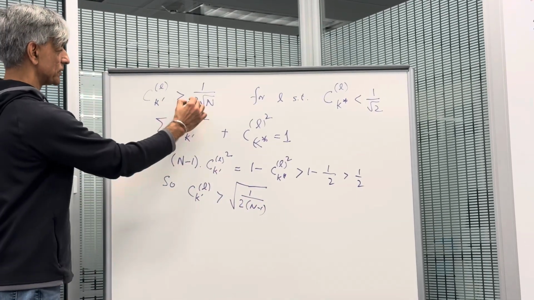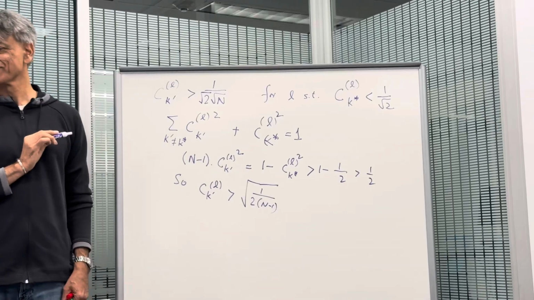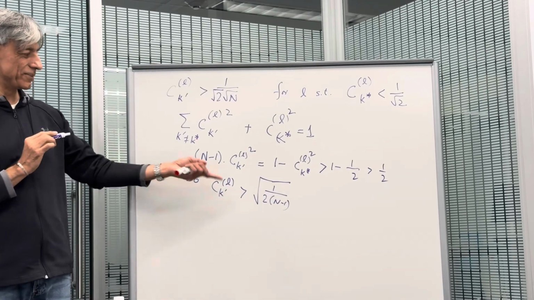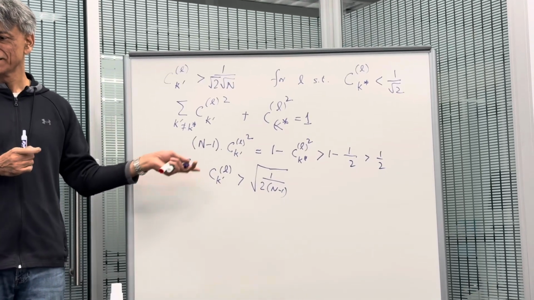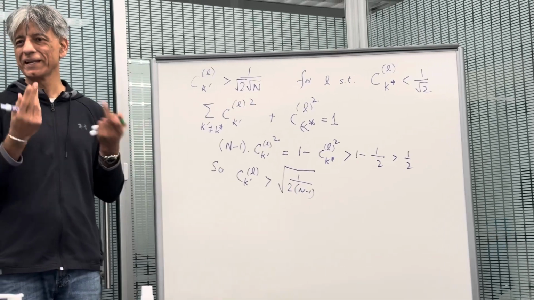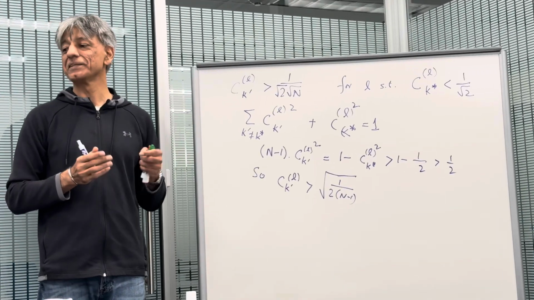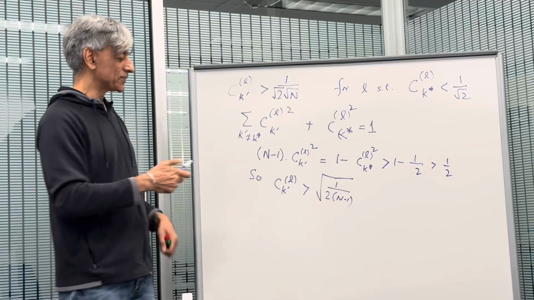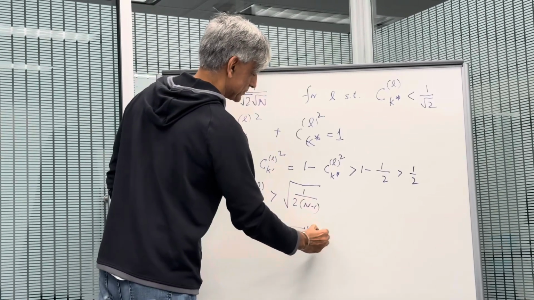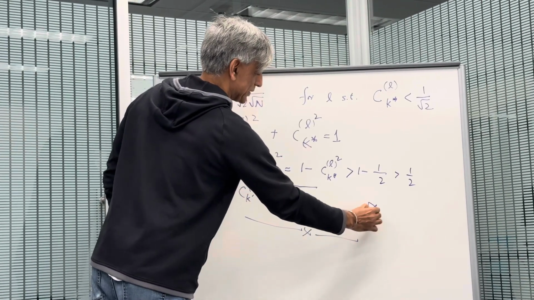So I guess it was a square root 2 here also. And we actually showed it. Capital N and n minus 1 and n are almost the same, right? Because n is exponentially large. So that concludes the proof. Then we can put a QED here.